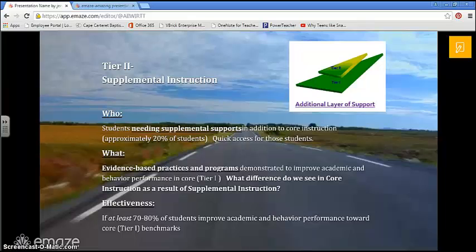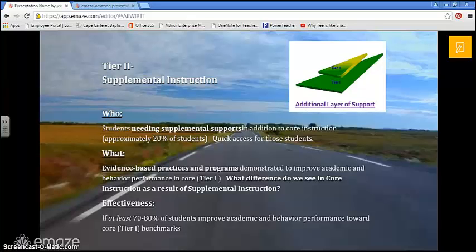So what does that look like? It's evidence-based practices and programs that's demonstrated to improve academic and behavior performance in core Tier 1. And then what is the difference do we see in core instruction as a result of the supplemental instruction? So this would be, as you're providing your core, you're adding that layer of support, which could be more differentiated instruction.